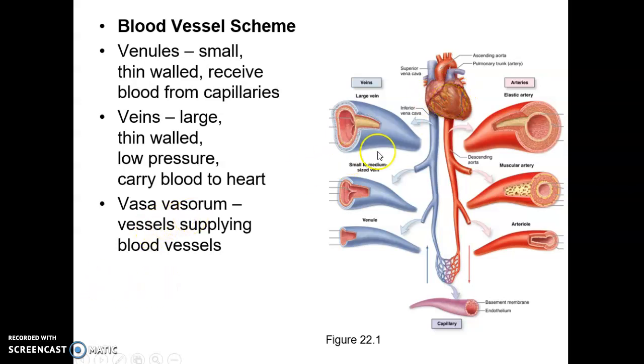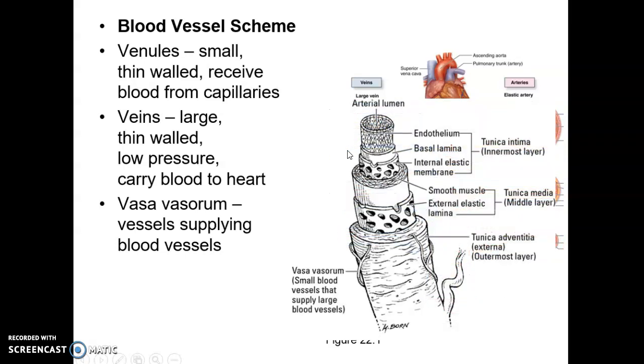The vasa vasorum are blood vessels that are supplying nutrients to the musculature and the cells of the blood vessels. And they are technically living organs. Here's just a picture I found. Vasa vasorum, small blood vessels that are supplying nutrients to the musculature and the tissues of blood vessels themselves.